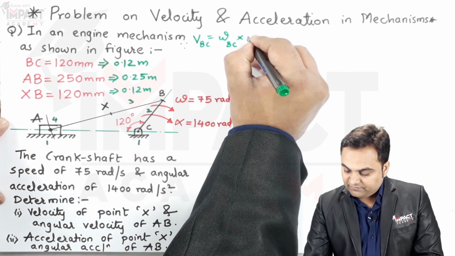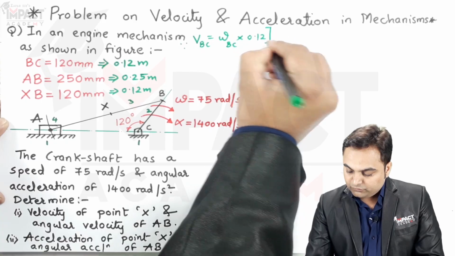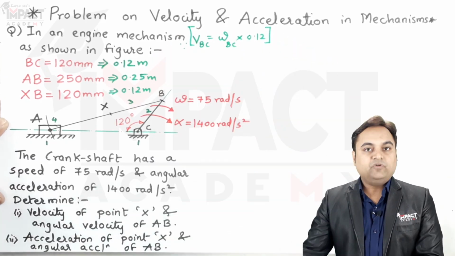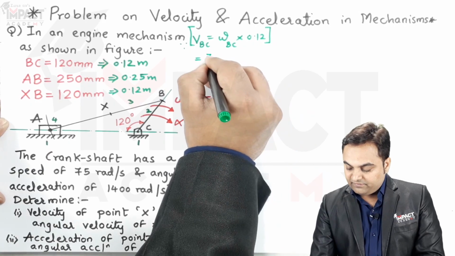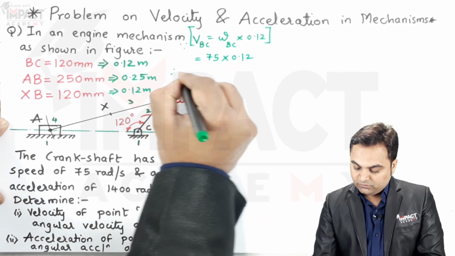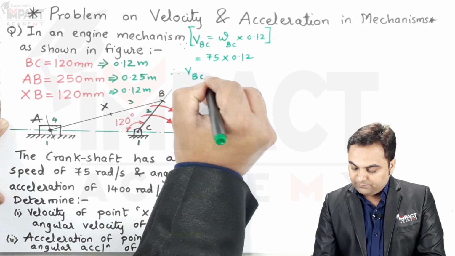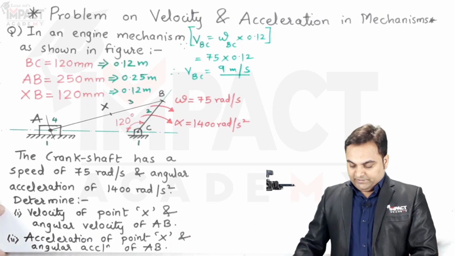Here I am taking this as 0.12 meter. So that would give me the velocity in terms of meter per second. So velocity of BC is 75 into 0.12. So the velocity of crank BC comes out to be 9 meter per second.